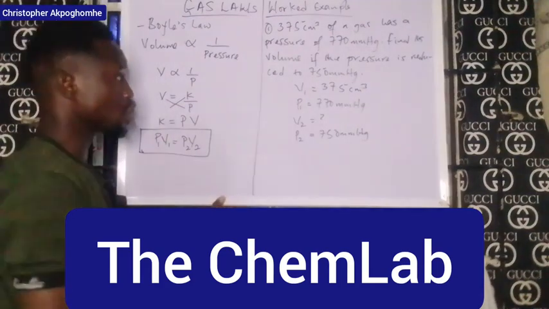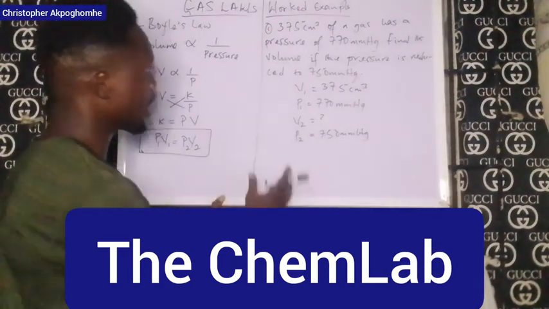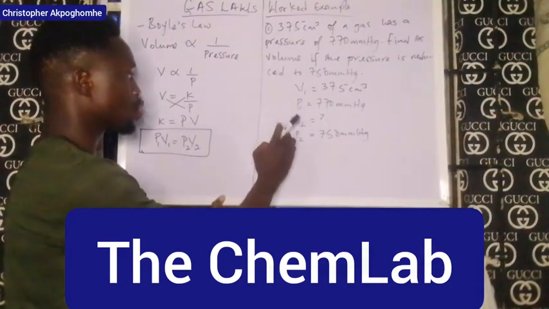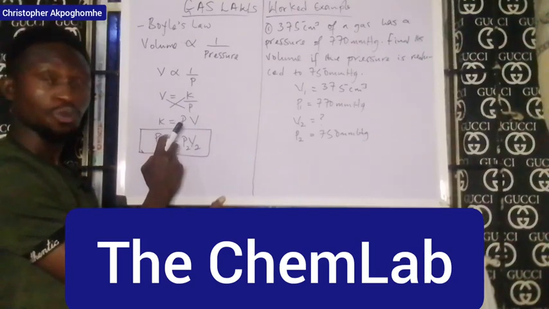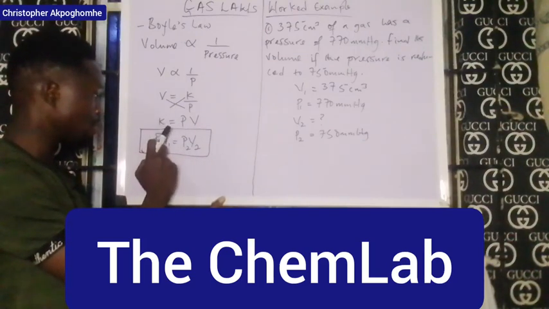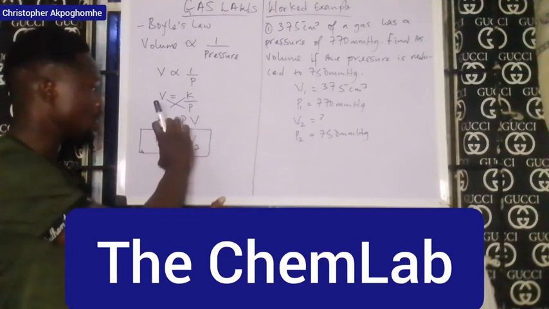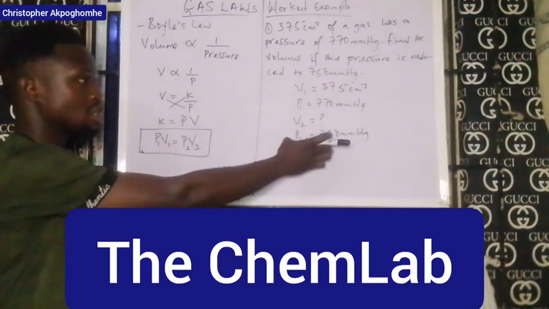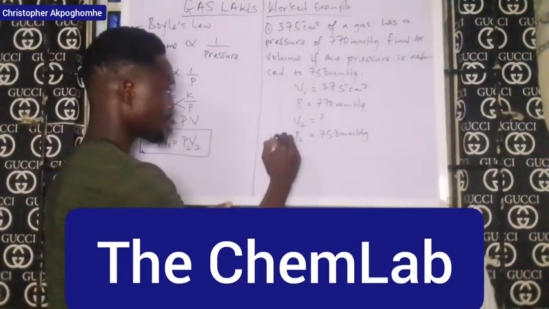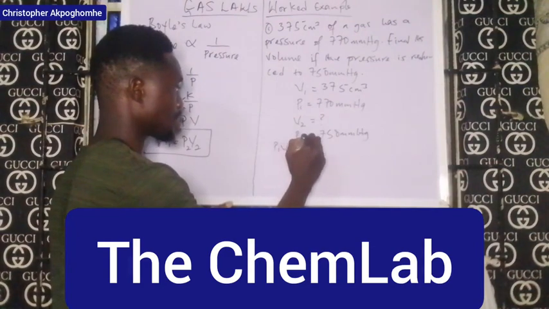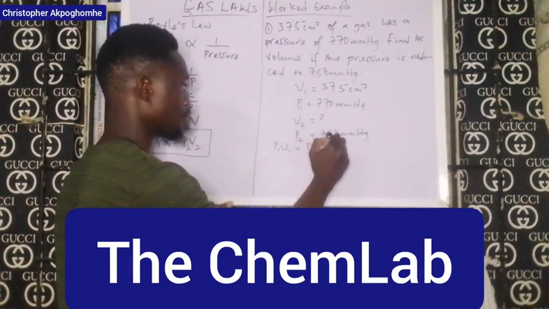Now, when we look at this question, you notice that the parameters that we have here, V1, P1, V2, P2, are all in the mathematical expression of Boyle's law, which is the formula P1V1 equals P2V2. So this is what we use to solve this particular question. So we now have P1V1 equal to P2V2.